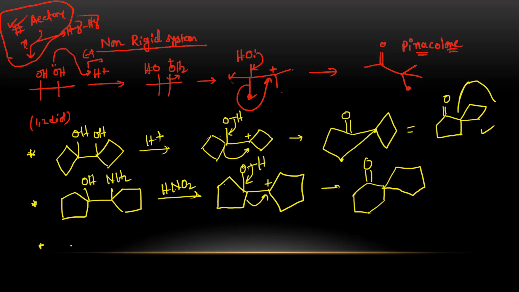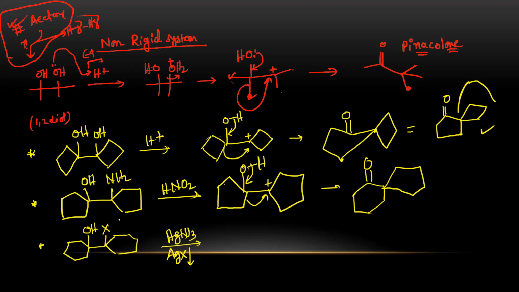Now third, suppose we take two 6-member rings and one OH, another one is X, a halogen. Basically the point in this rearrangement is that, with respect to that OH, in the alpha position you have to generate one carbocation anyhow. That's why here the reagent is silver nitrate. Silver nitrate will react with this halogen and form AgX, a silver halide, AgCl or AgBr precipitate.